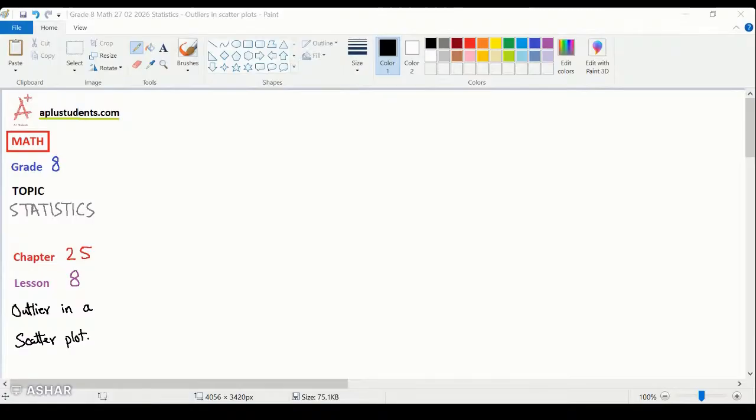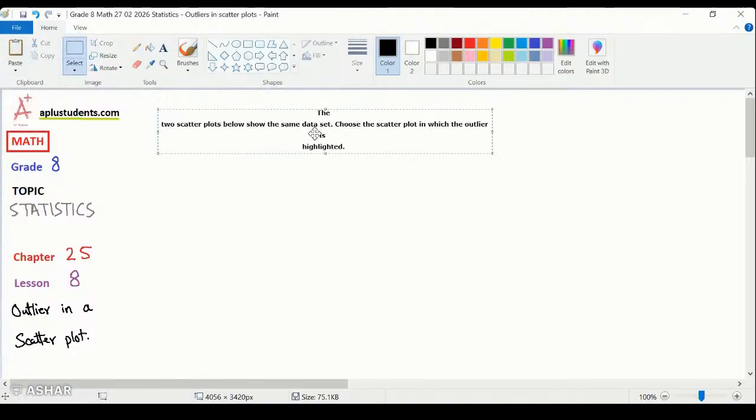Okay, let's see if the question says the two scatter plots are given to us and we need to highlight which scatter plot is. Just a moment, let me realign this because this would use a lot of space. Sorry.